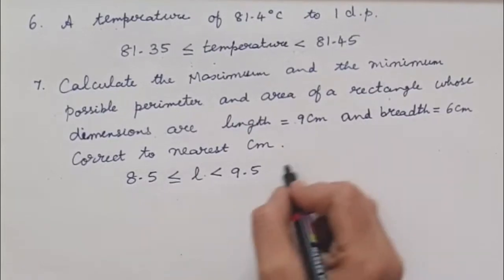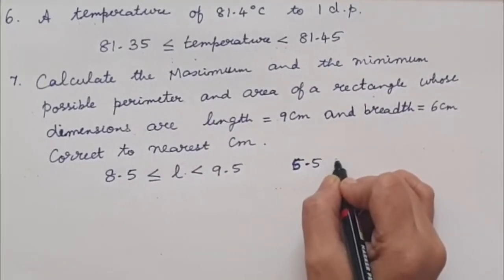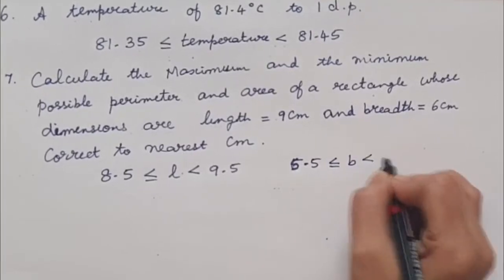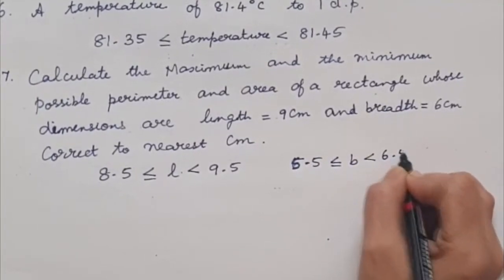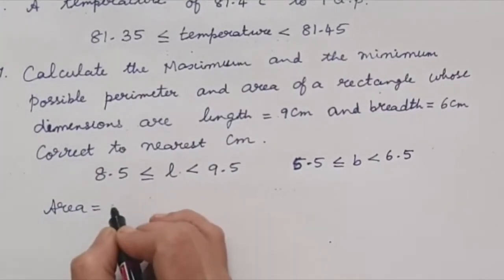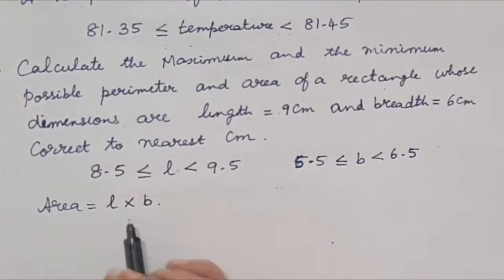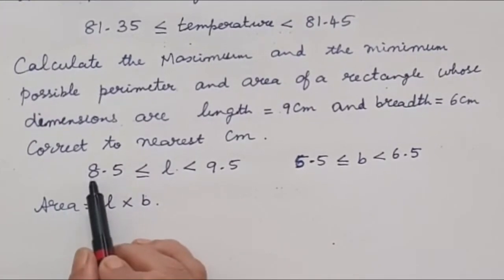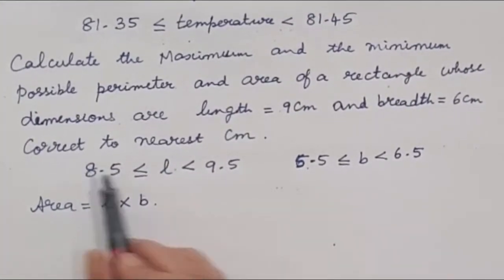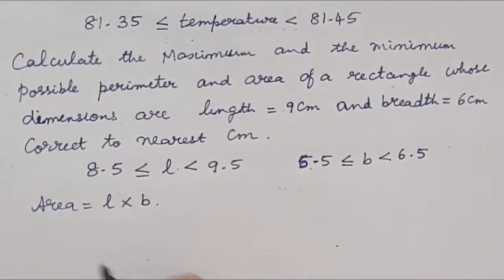In the same way, for the breadth, it will be 5.5 less than or equal to breadth less than 6.5. Now our area will be equal to length into breadth. So in order to find the least value of the area, multiply both the least values, and for the higher value, that is the upper bound, we multiply both the upper values.